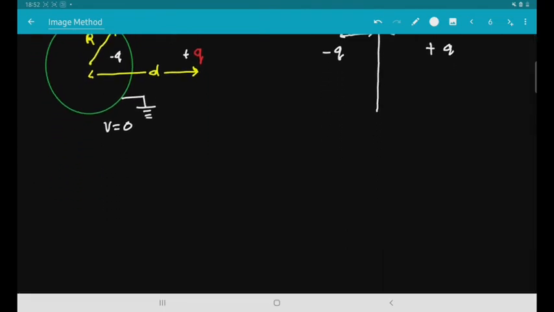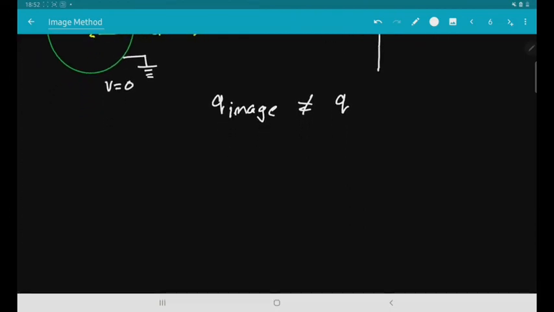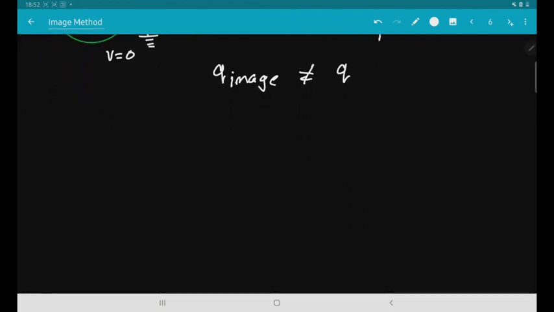So let us see how to calculate this distance and how much charge the image charge will be. The image charge will not be equal to the actual charge, so we will have to calculate the distance as well as the magnitude of the image charge.